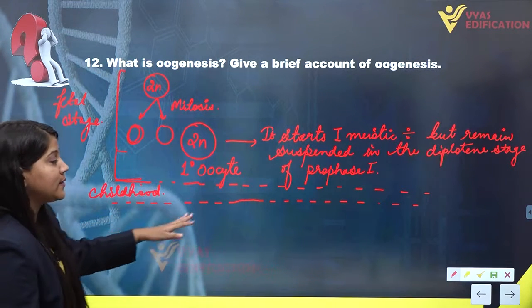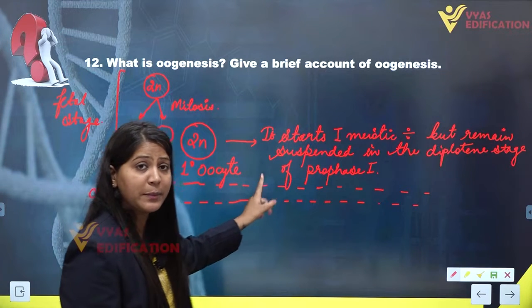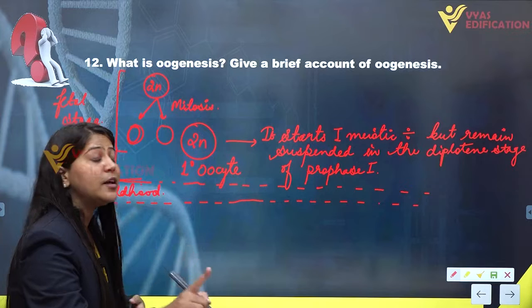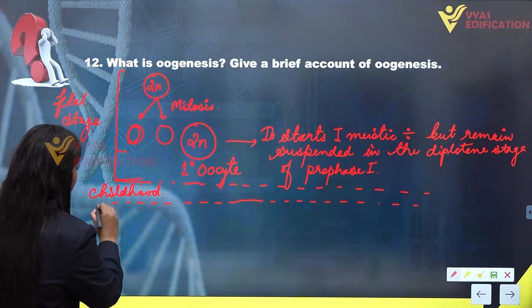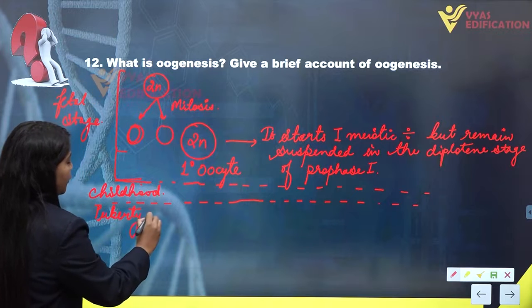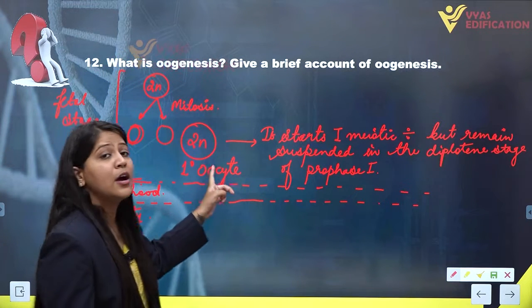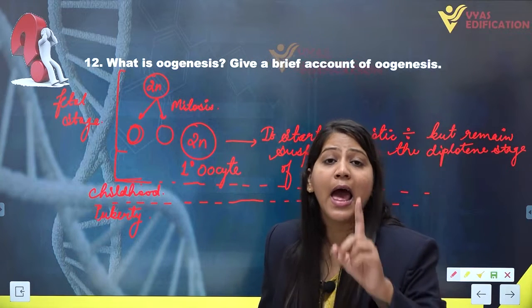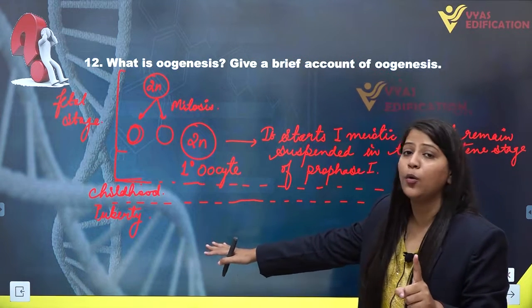Now, once this female child, after taking birth and completing childhood, hits puberty, the first meiotic division is going to be completed at the time of puberty only.